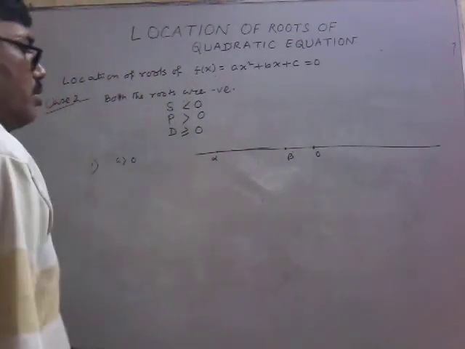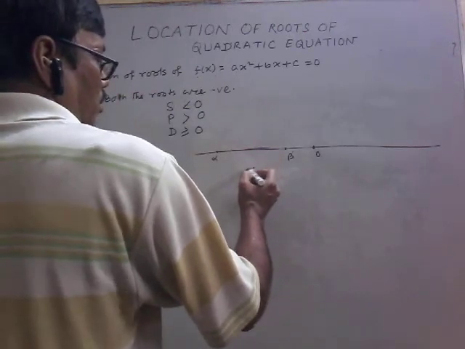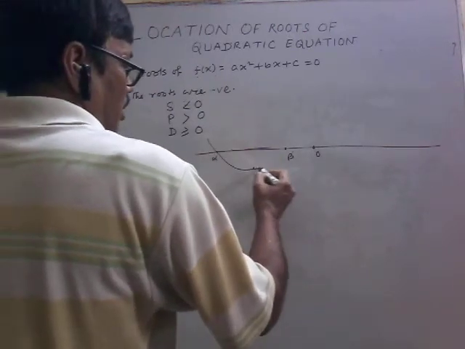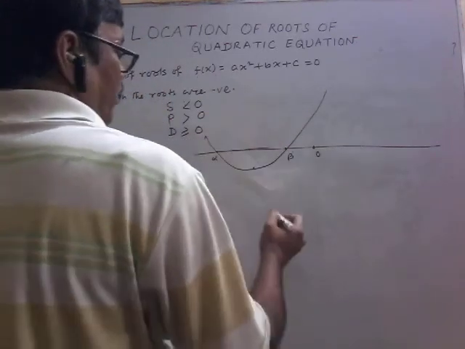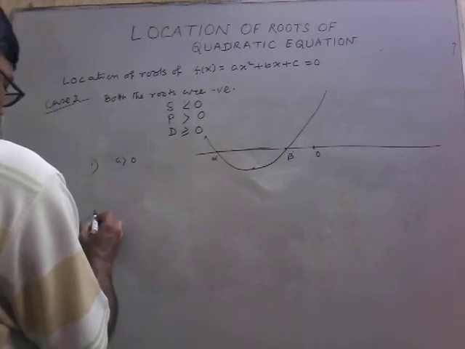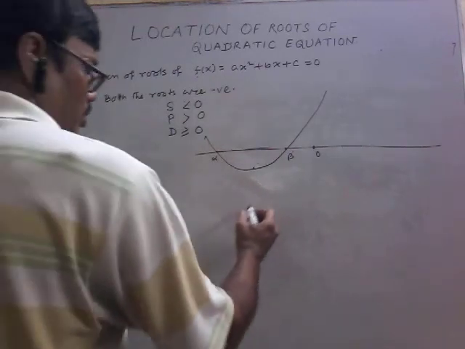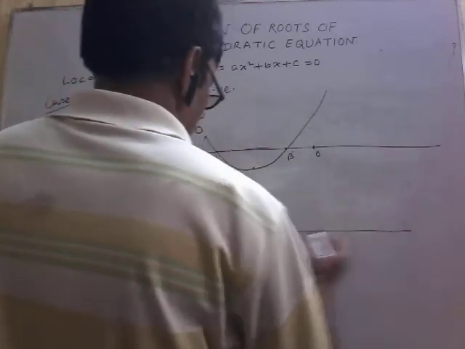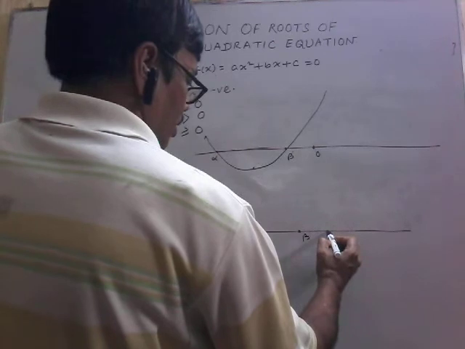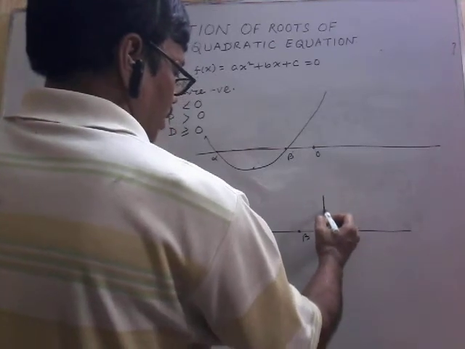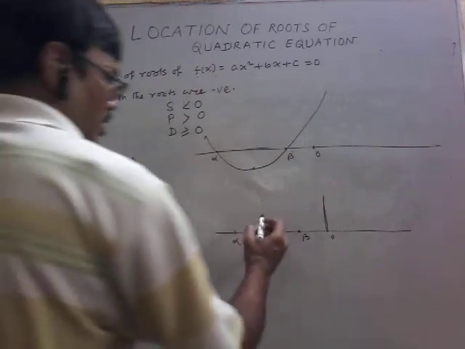Open upwards. So vertex will be here. So we are getting a figure like that. Or number 2, if a less than 0, so what will be our figure? This is alpha, this is beta, this is origin. So downwards.